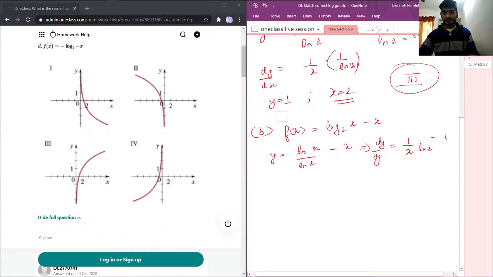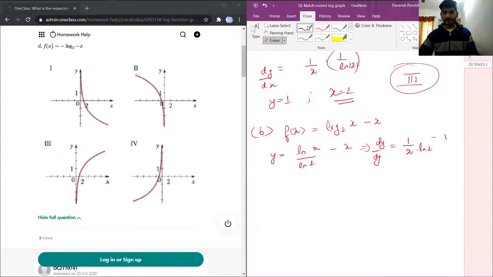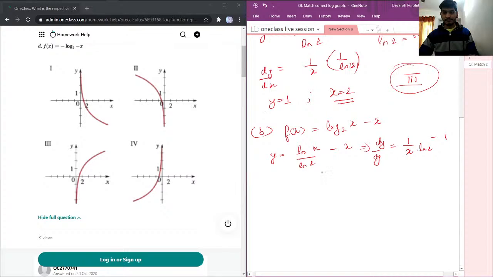The converted form was only for taking the derivative. So this equation, y plus x equals log of x with base 2, then my x is going to be 2 power y plus x.